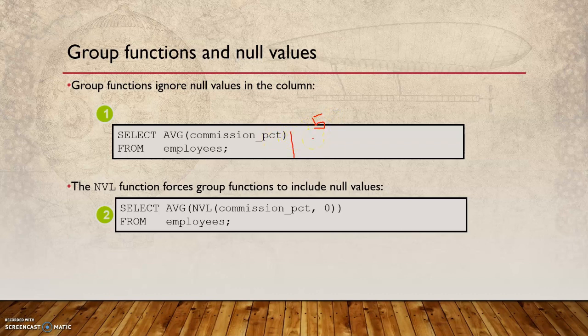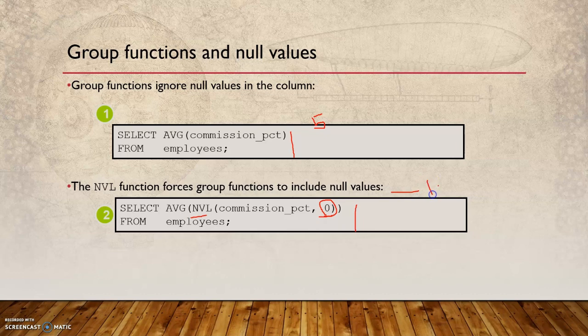Even though there might be hundreds of rows, only 5 of them have the commission, so it will take only 5, and the sum divided by 5 will give that average. Whereas with NVL, wherever it is null, it will substitute a 0 value and then provide the average.